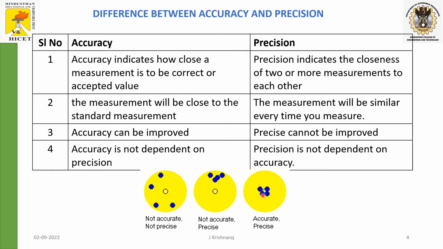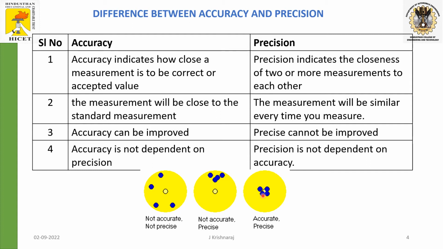So accuracy indicates how close a measurement is to the correct or accepted value. But precision indicates the closeness of two or more measurements to each other.